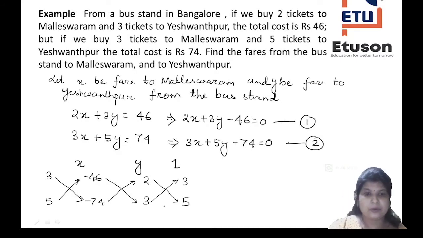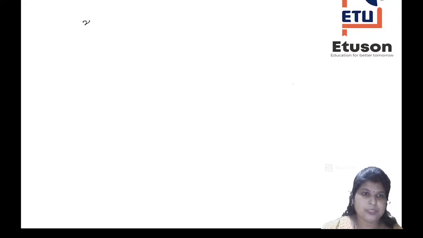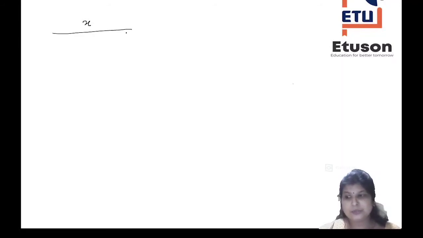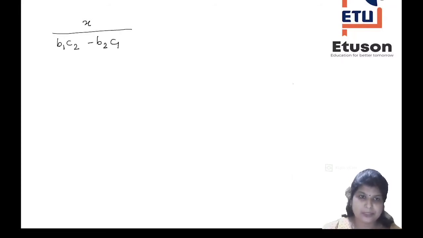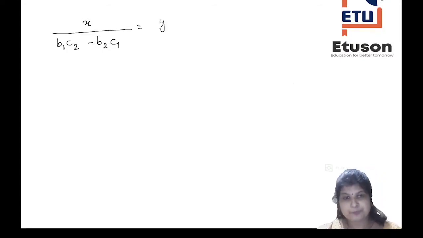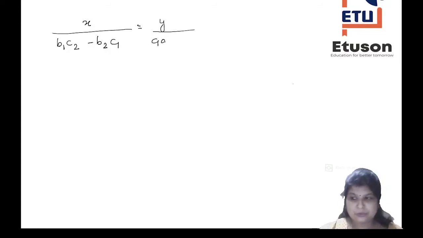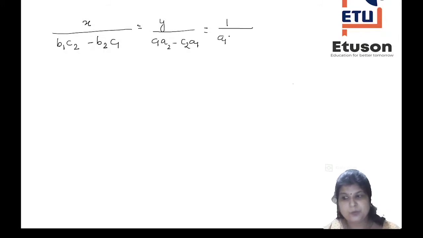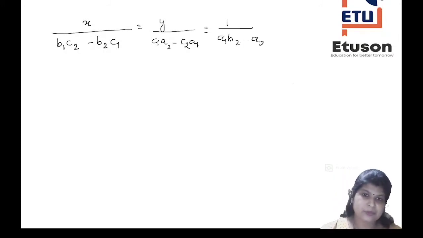Correct, children? So now we have to write in this form: x divided by b1 into c2 minus b2 into c1 is equal to y divided by c1 into a2 minus c2 into a1 is equal to 1 divided by a1 into b2 minus a2 into b1.